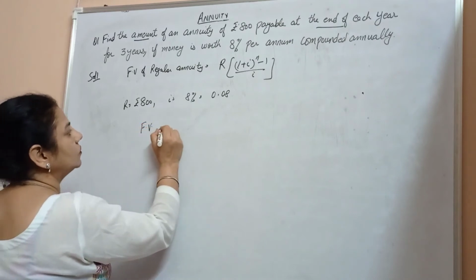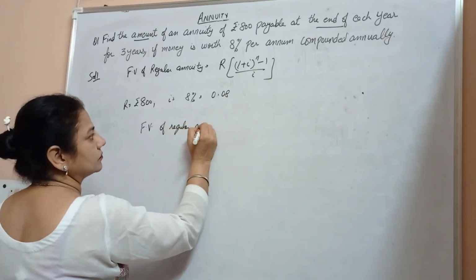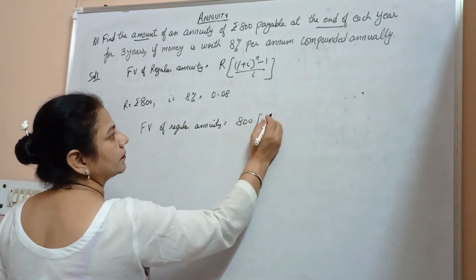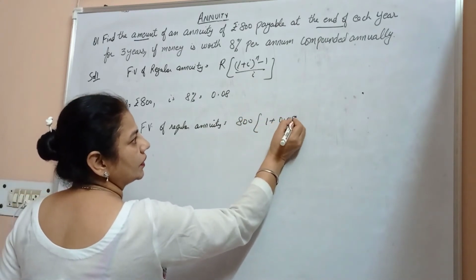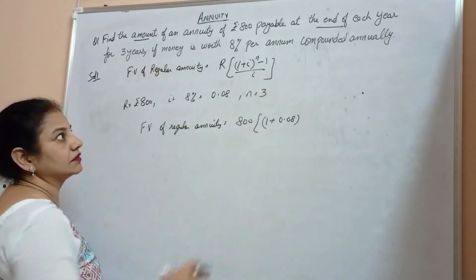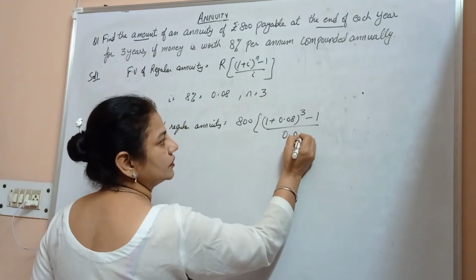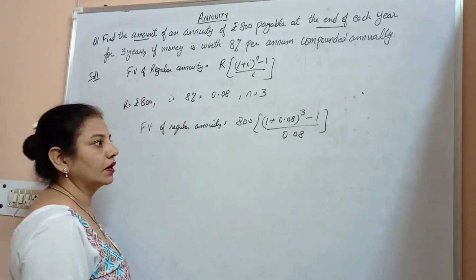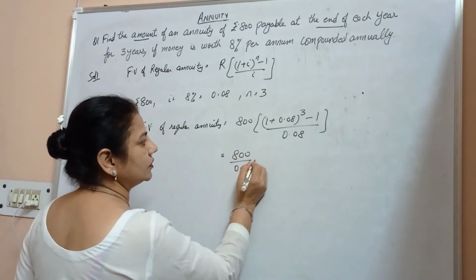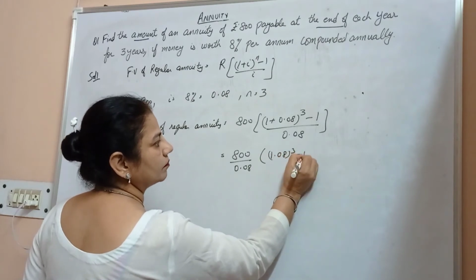So the future value of a regular annuity is equal to 800 times (1 plus 0.08) to the power n, and n is equal to 3 because it is given as 3 years, so (1.08) cubed minus 1, divided by 0.08. Here we have 800 divided by 0.08, times 1.08 cubed minus 1.